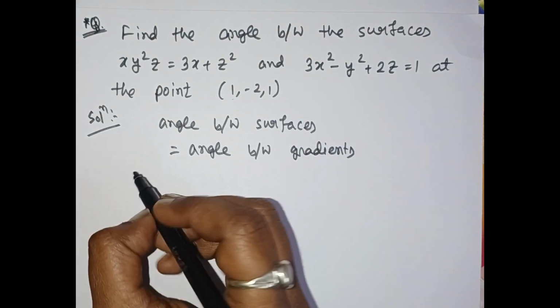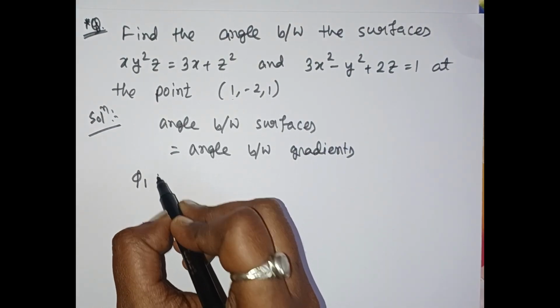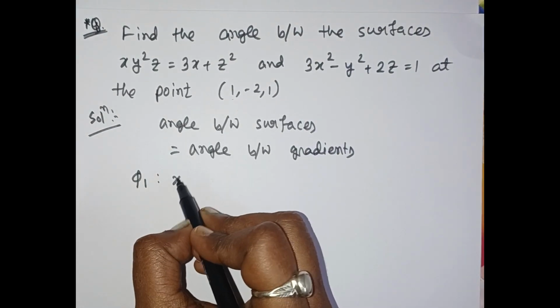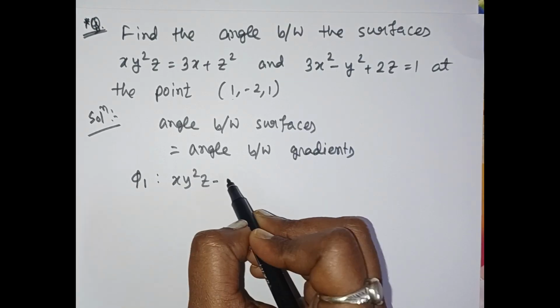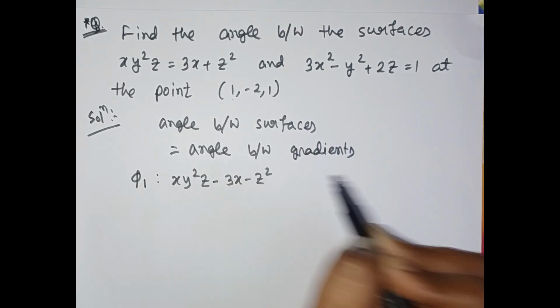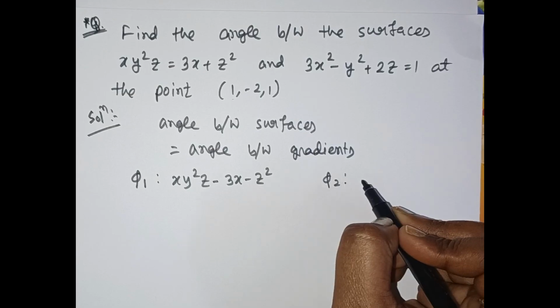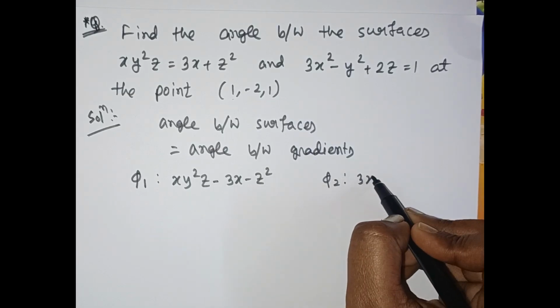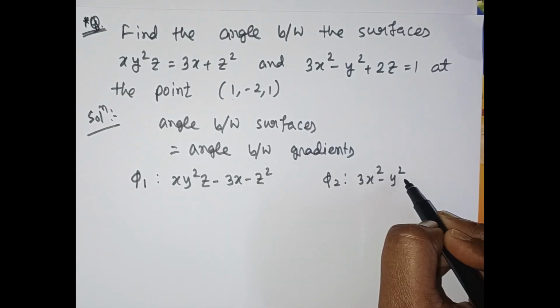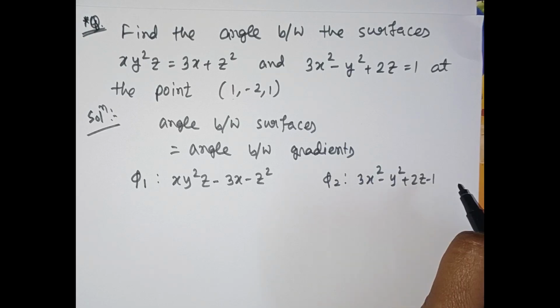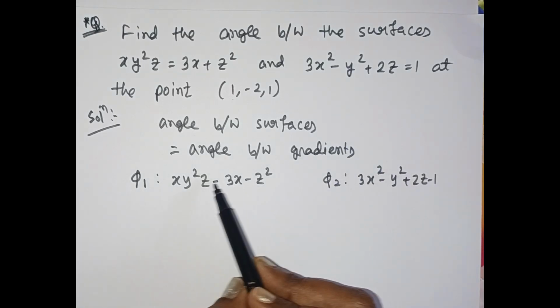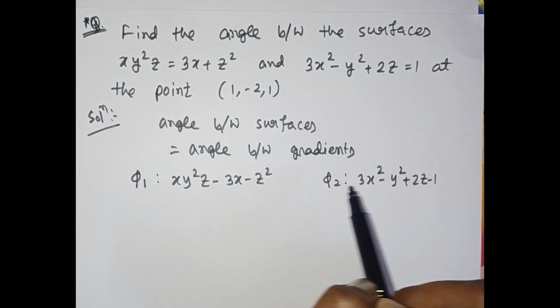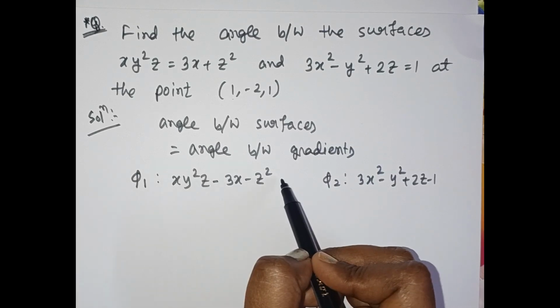Okay, so let us take phi 1 as the first surface, that is xy square z minus 3x minus z square, and phi 2 as the second surface, that is 3x square minus y square plus 2z minus 1. I am taking both phi 1 and phi 2 as scalar point functions equal to 0.